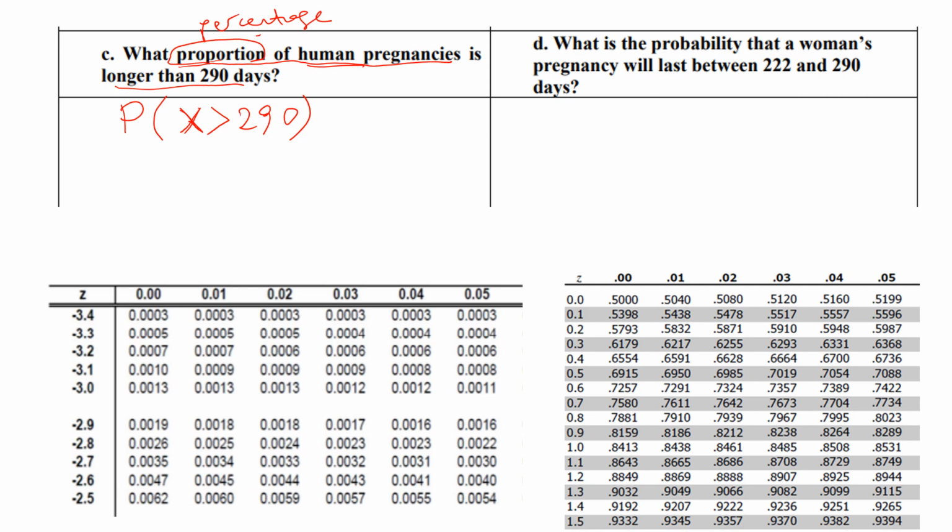And we know X is normally distributed with some mean. If you remember, the mean is 266, sorry, 266.